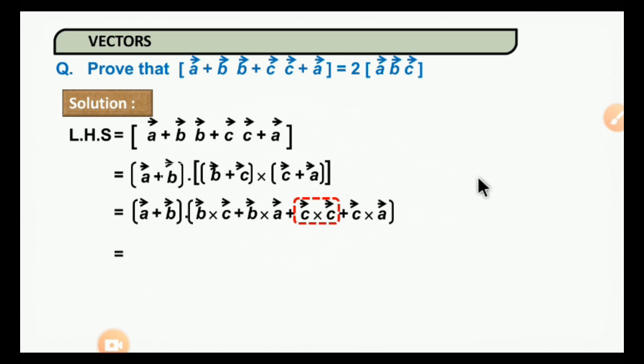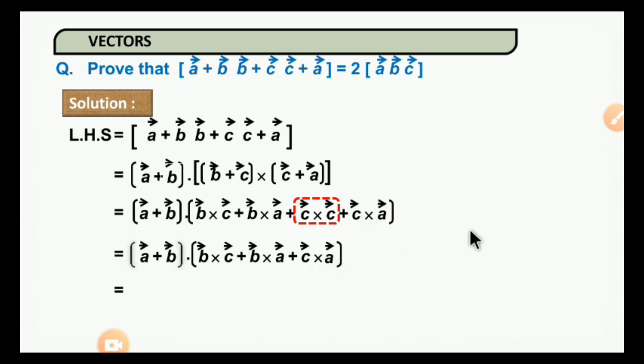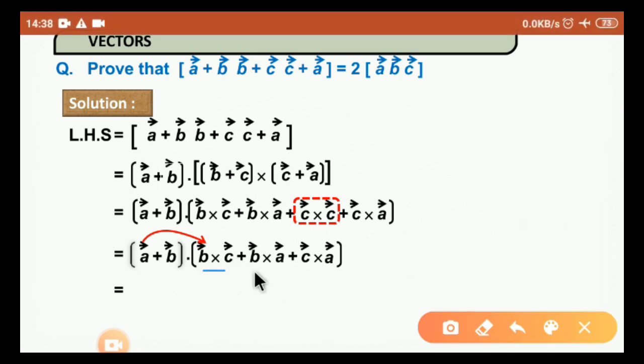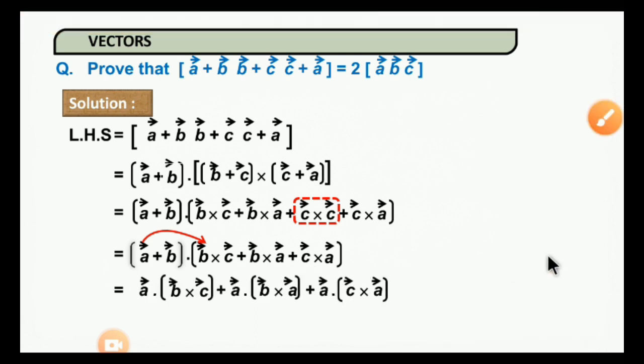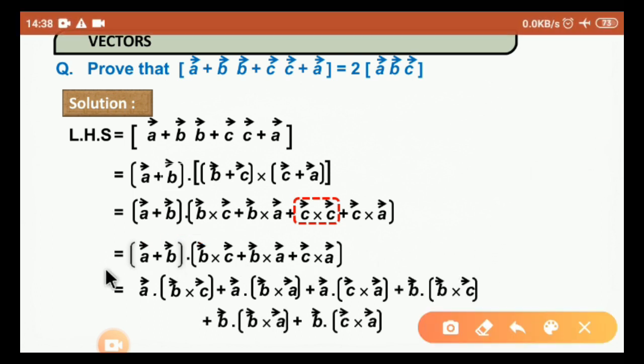Then in the next step, A plus B dot into the bracket of B cross C plus B cross A plus C cross A remain the same here. Now multiply A to all these 3 cross products, so that we will be having A dot B cross C plus A dot B cross A and plus A dot C cross A. Now multiply B to all these terms.